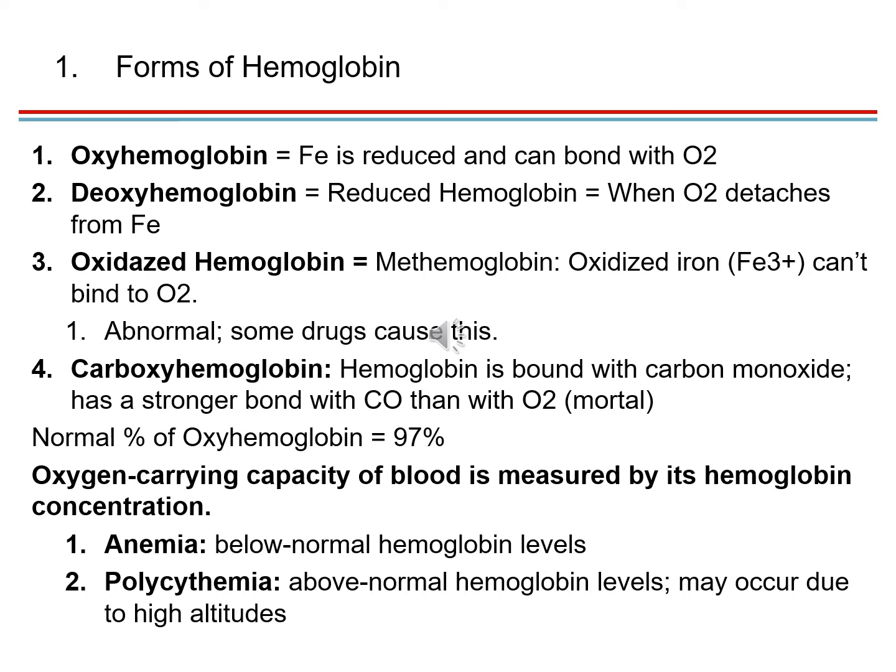The body only understands that the oxygen levels are reduced. Because of that, it increases the production of erythropoietin, which increases the production of red blood cells in the bone marrow, and increasing the production of red blood cells also increases the hemoglobin concentration. So polycythemia is related to those.